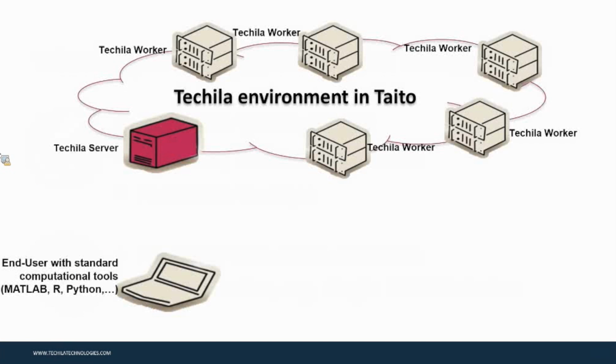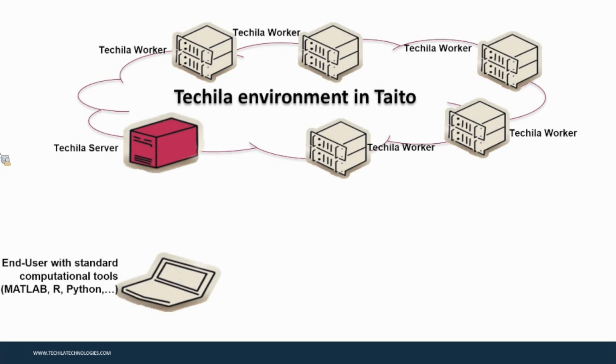And then I have an illustration on what happens when an end user uses the Techila environment to process computational workload. So this is the same situation when I ran the demo, and now I just have a small animation that explains what happened during that project.